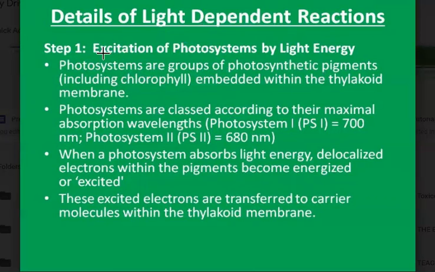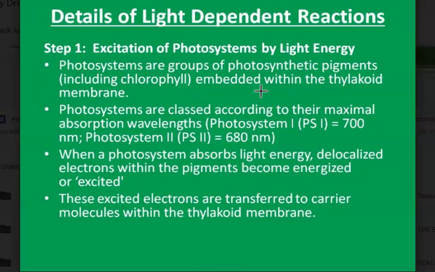So step 1, we said that it's excitation of photosystems by light energy. The photosystems are groups of photosynthetic pigments, including chlorophyll, embedded within the thylakoid membrane. Now, photosystems are classified according to their maximal absorption wavelengths.